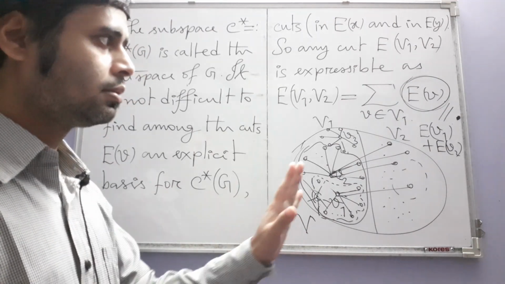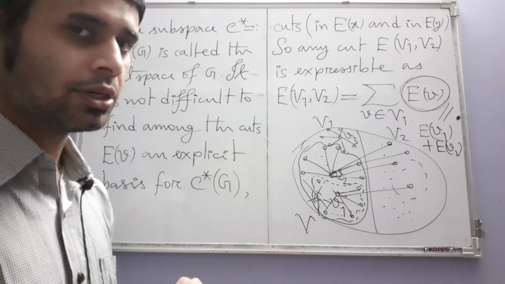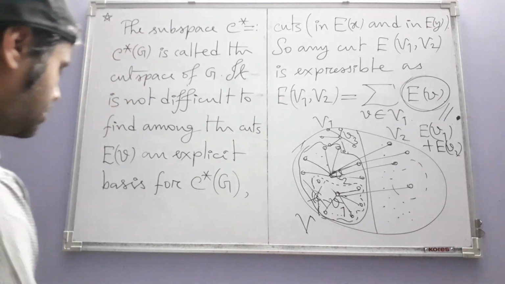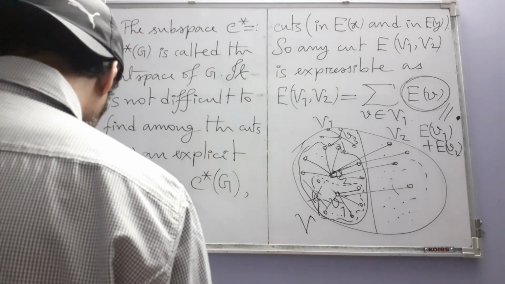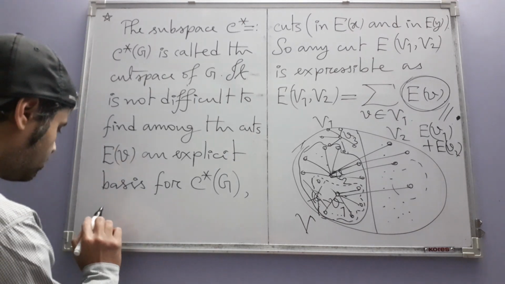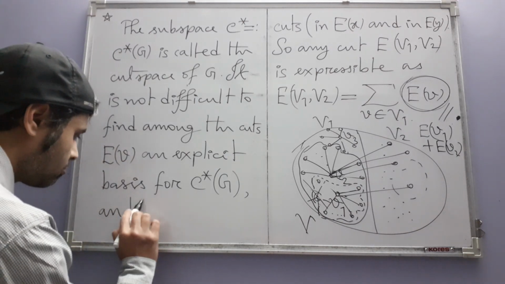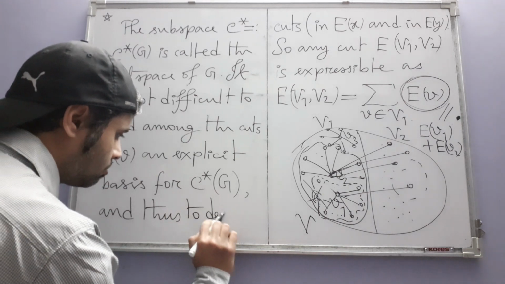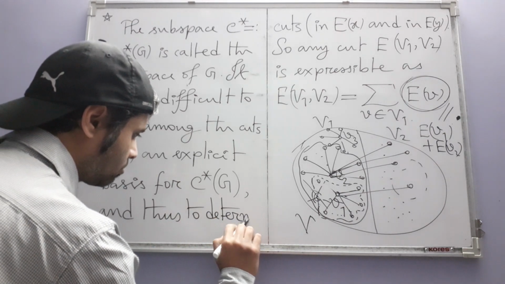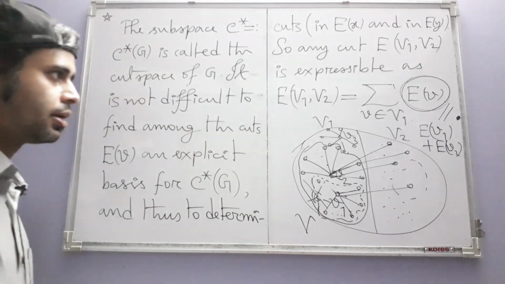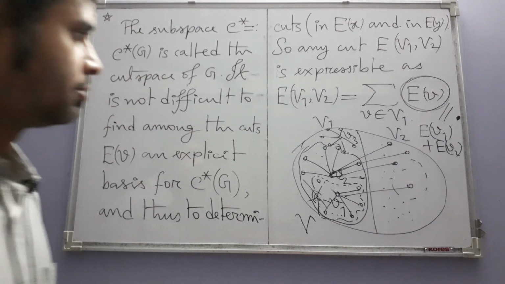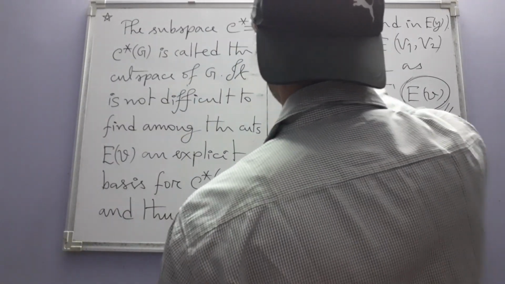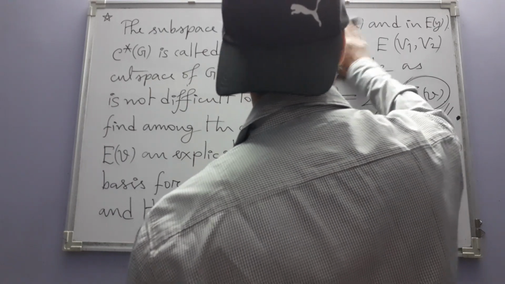So that way that set will be linearly independent also, and hence it will be a basis. And thus to determine its dimension, which will be the number of elements in the basis, in any basis.